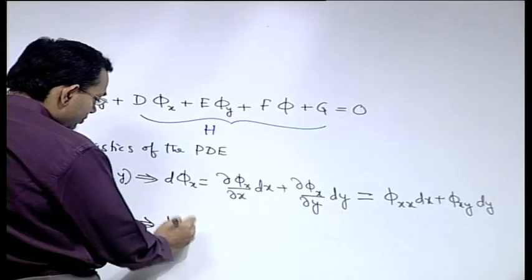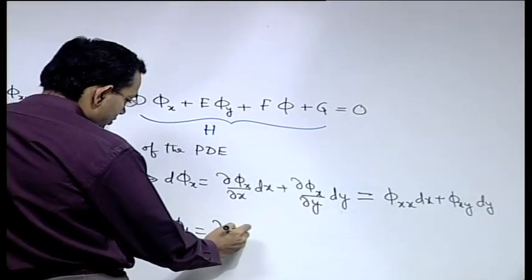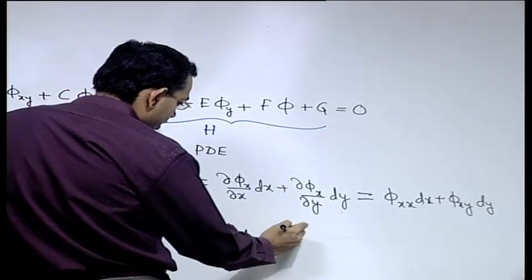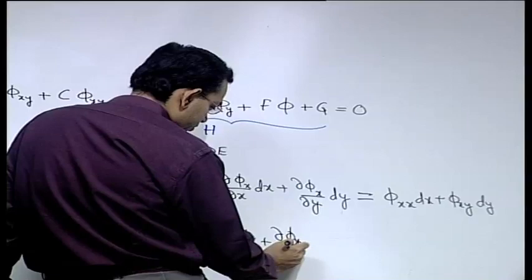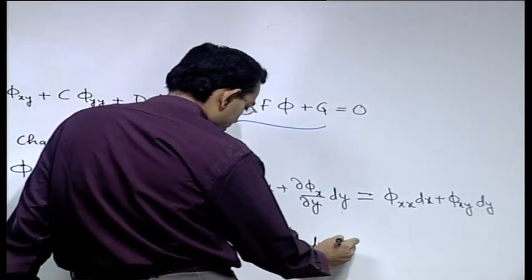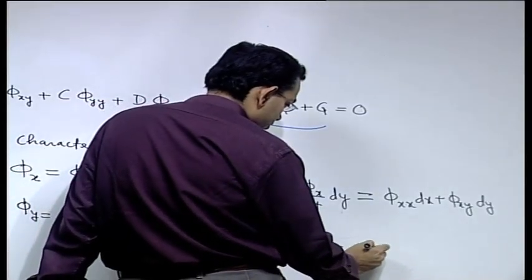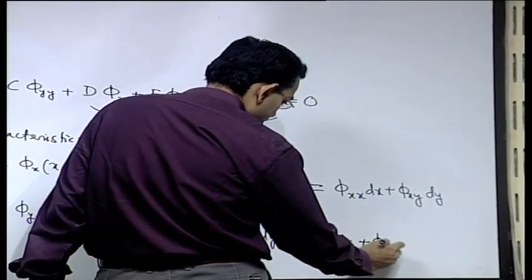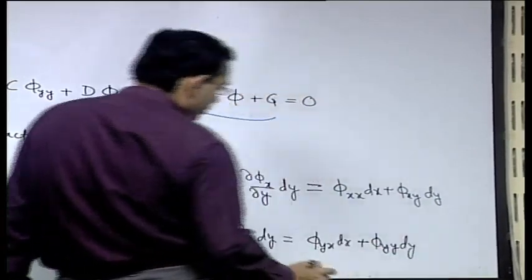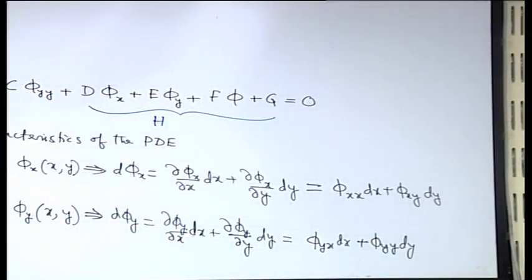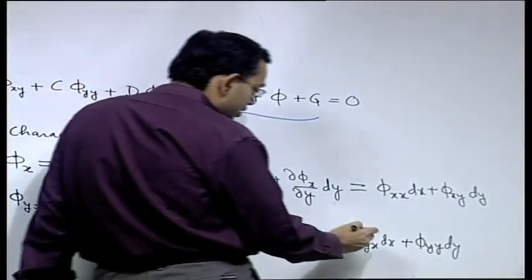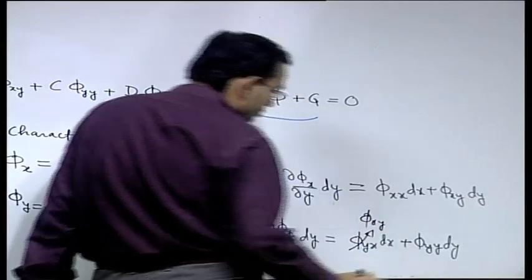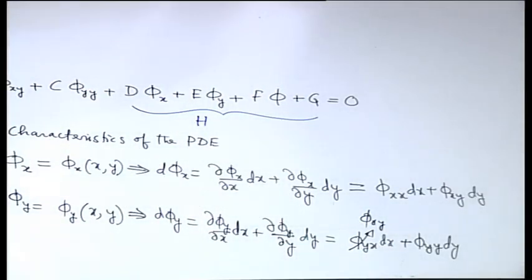So, d phi y is this one. Since phi yx and phi xy are the same, the order of the derivative, so long as it exists, does not matter. So, we can write this also as phi xy.